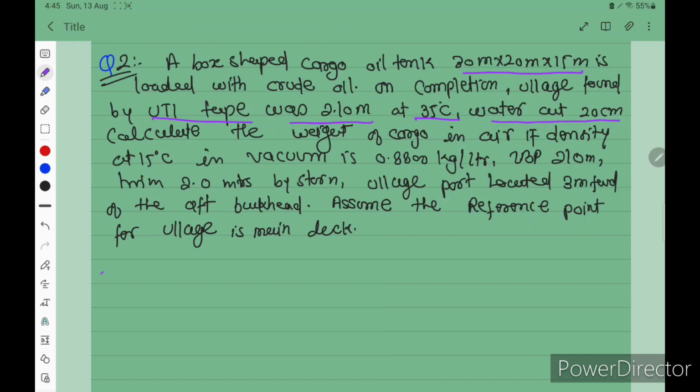Calculate the weight of cargo in air if density at 15 degrees centigrade in vacuum is 0.880 kg per liter. LBP 210 and trim 2 meters by stern. The ullage port is located 3 meters forward of the aft bulkhead. Assume the reference point of ullage is the main deck.